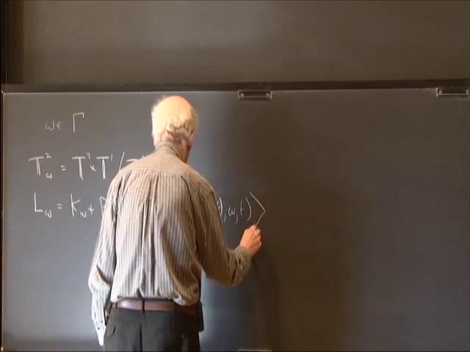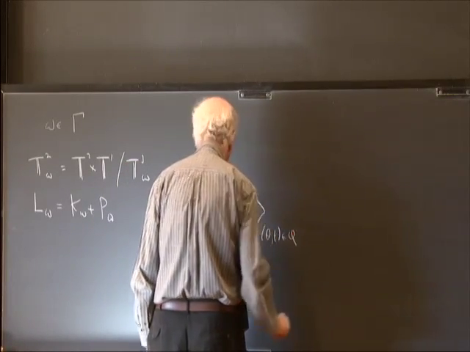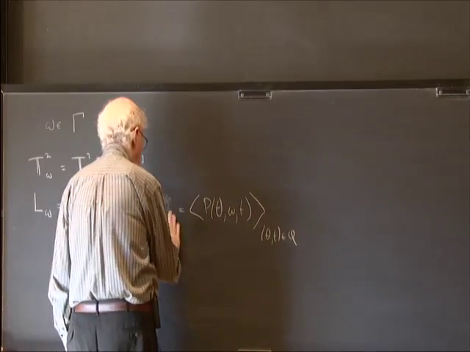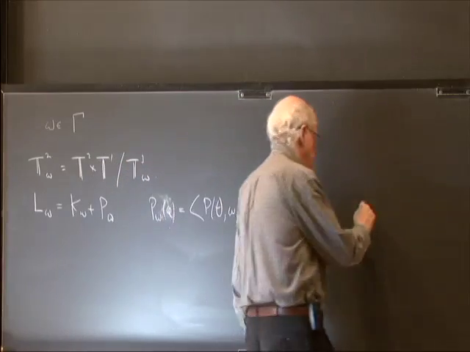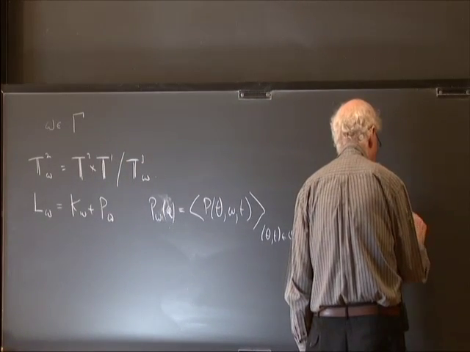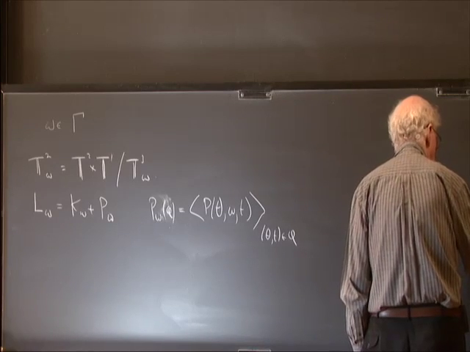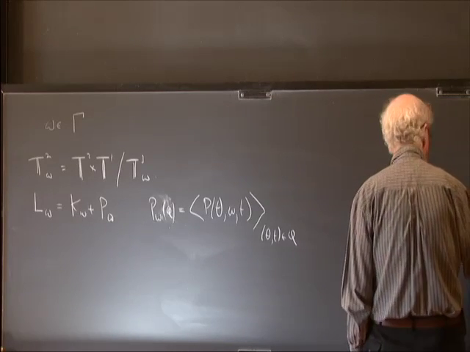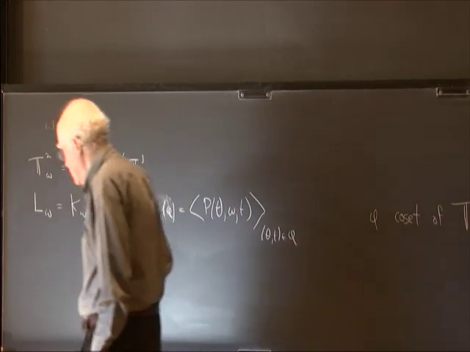Well, the formula means something different here, because P omega phi, because now phi is a coset of T omega 1. Before it was a coset of T gamma 2.